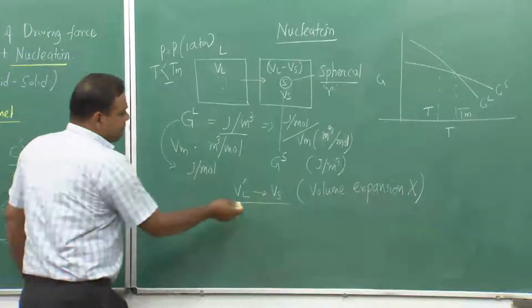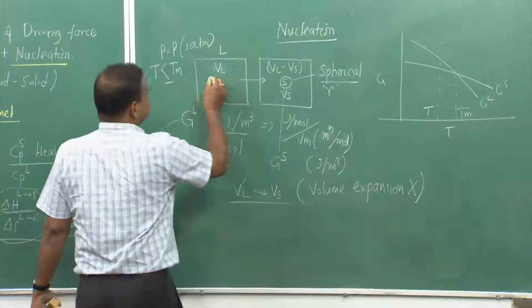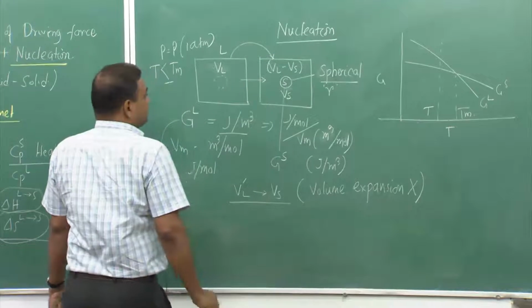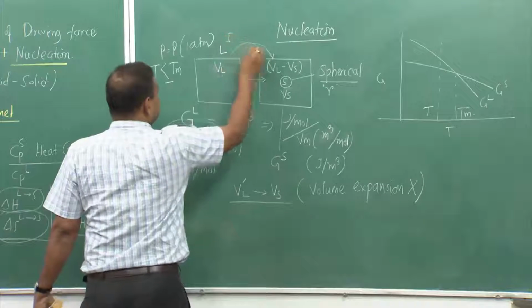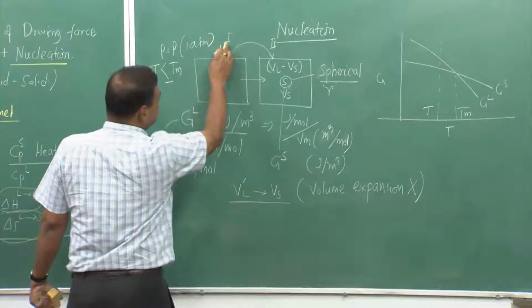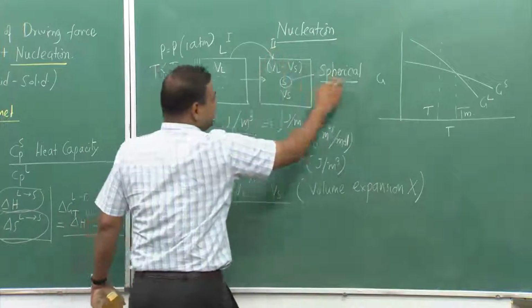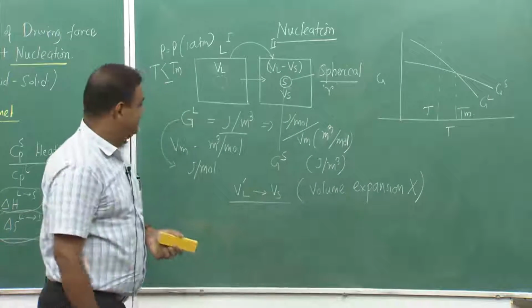Now, if we assume that, then my transformation is from this to this. This is stage 1, this is stage 2, and stage 1 is entirely liquid, while in stage 2 I have solid here and at the same time some liquid.